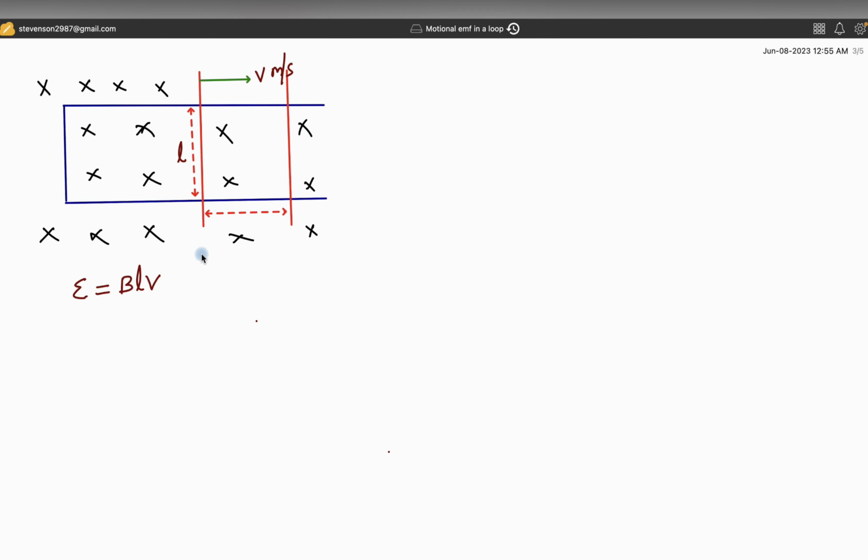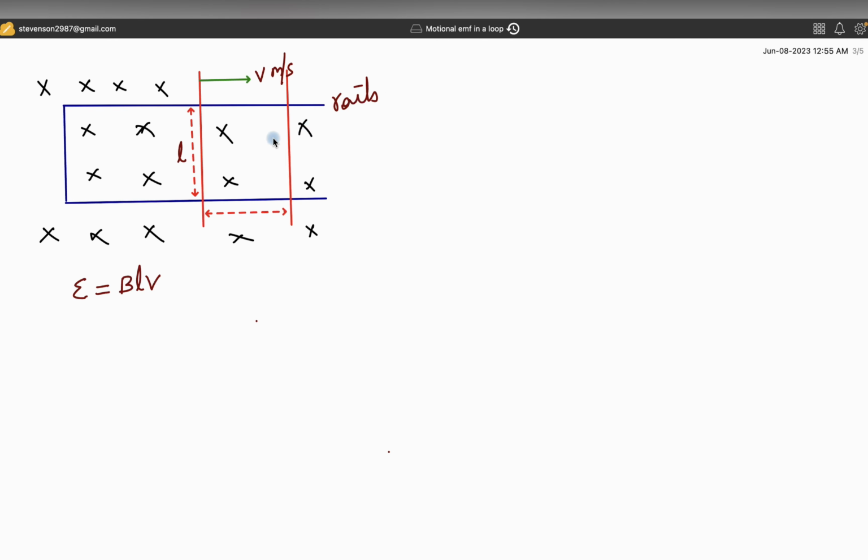Fine. Now we know that the rod is also a conducting material, and the rod which is moving is sliding on these U-shaped conducting wires, let us say conducting rails.